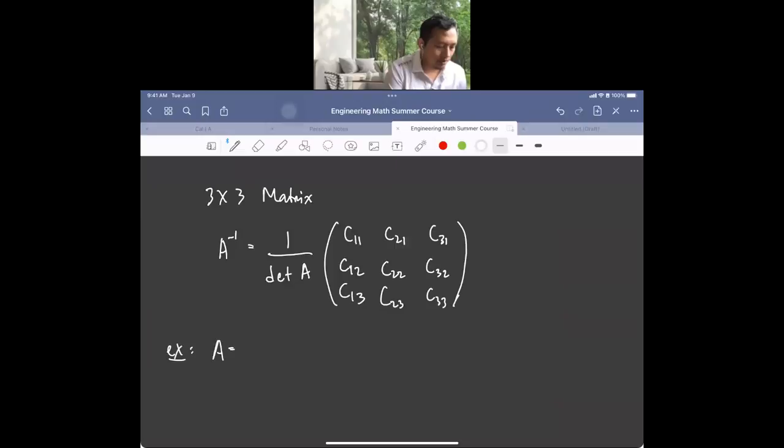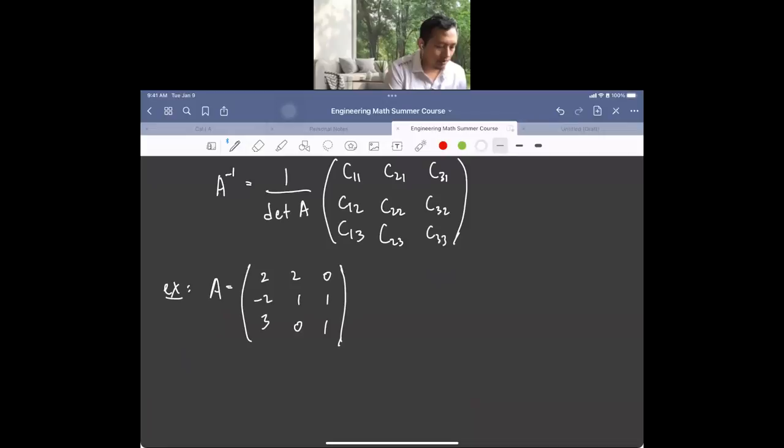So if we have an example 3 by 3: 2, negative 2, 3, 2, 0, 1, 1, 0, 1. I have another method for finding the inverse of a matrix, not using any determinant or adjoint. We can use the row operations, the echelon form, but I think I will give you that maybe next week if we still have the matrix.